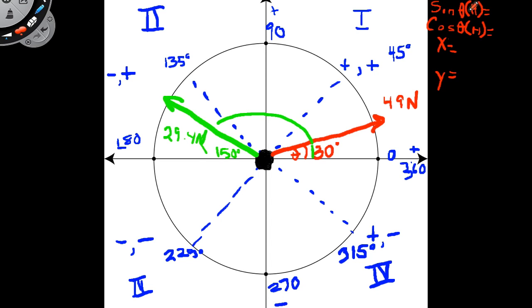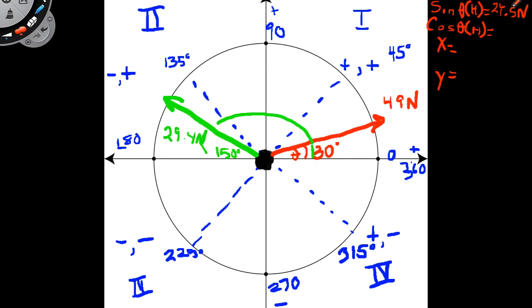Okay, so I'm going to do sine of theta times, so sine of 30 times 49 newtons, and then I'm going to do cosine of theta times, so the cosine of 30 times the 49 newtons. And I'll get two different numbers depending on what I do. So if I do that, I get 24.5 for my sine.